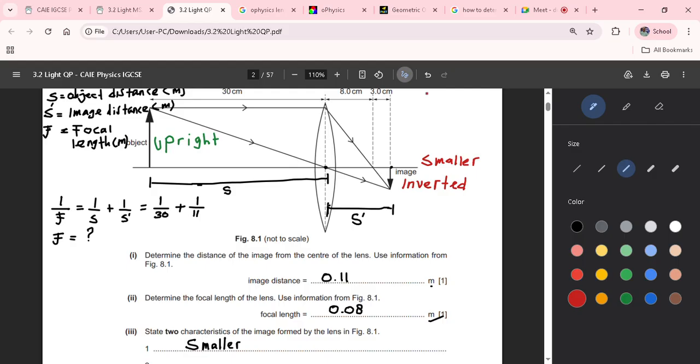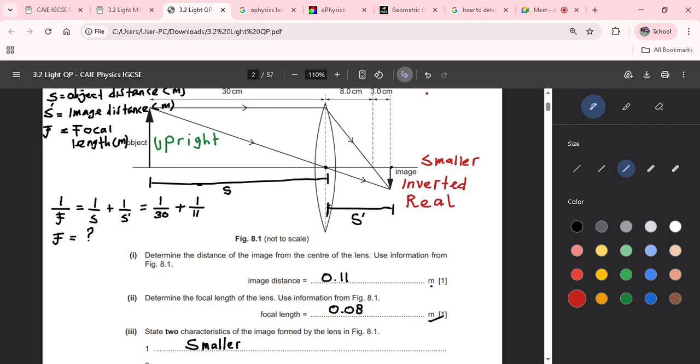This also can be captured by the screen. The image can be seen on the screen, so we call it a real image because it can be captured by the screen. But if this is virtual, virtual means that the image cannot be captured by the screen. So we cannot see the image if virtual.